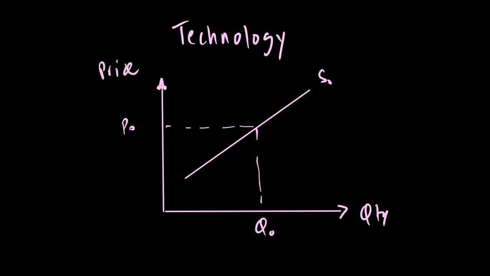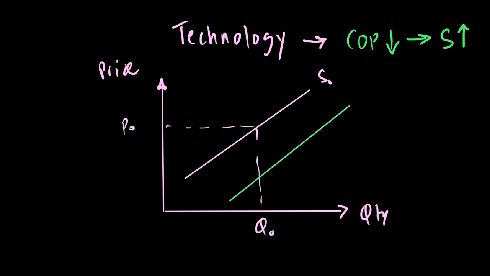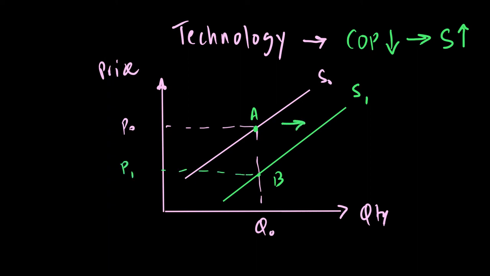So any improvement in technology results in the cost of production falling, which will result in the supply curve rising. So another factor that can cause our supply curve to shift to the right, or for the cost to lower at each and every quantity, is changes in technology.